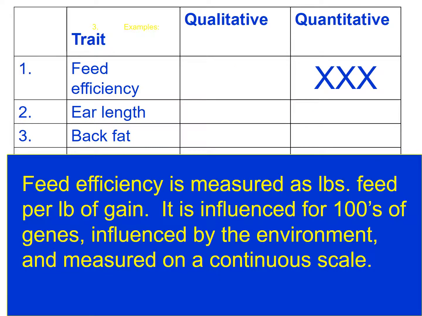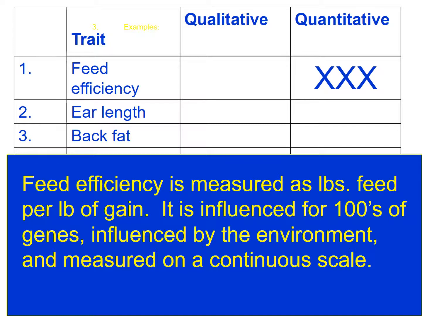Feed efficiency is measured generally as pounds of feed per pound of gain, maybe pounds of feed per 100 pounds of milk produced. Feed efficiency is extremely important because generally the largest cost of producing animals is the feed that they consume.